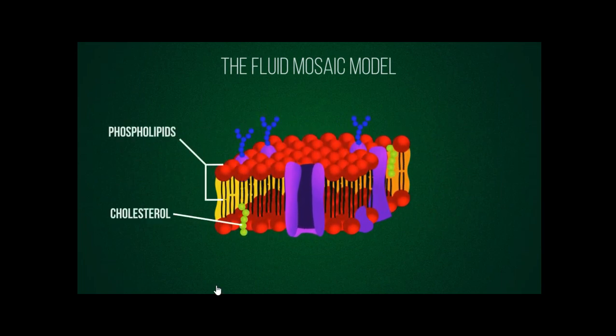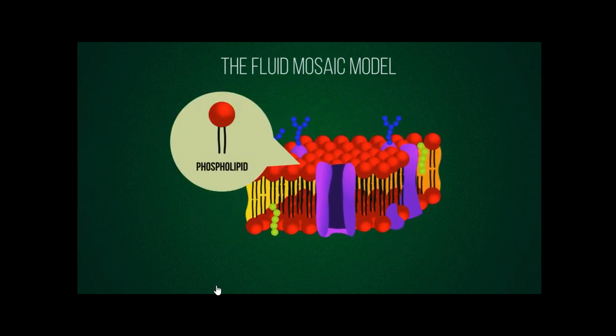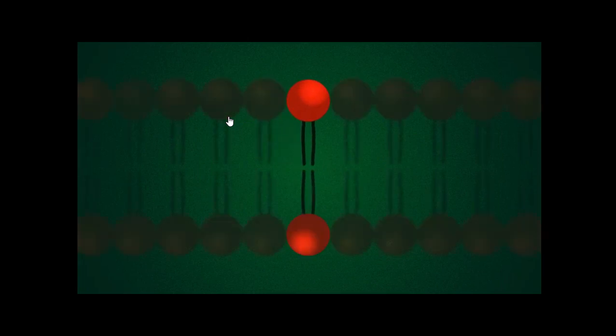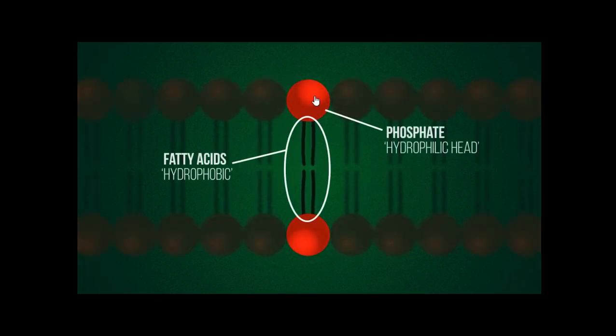See, the phospholipids can move. This is a single phospholipid molecule. See, hydrophilic head and hydrophobic tail. This is how it's a lipid bilayer, how these phospholipid molecules are arranged.